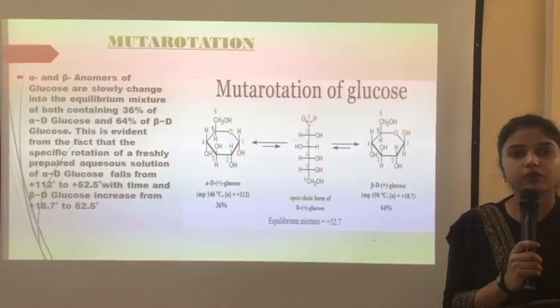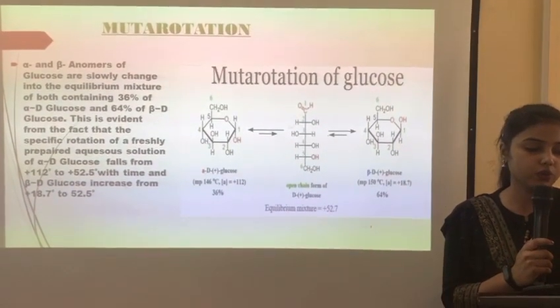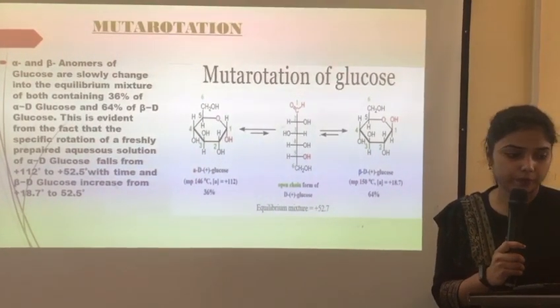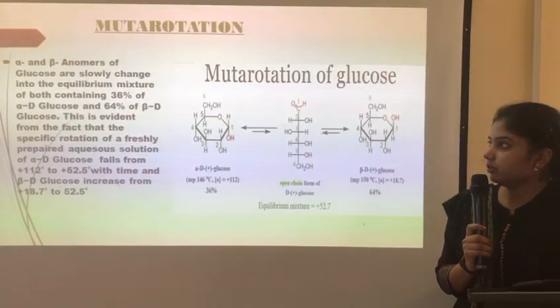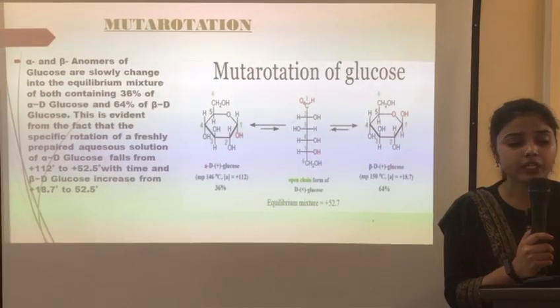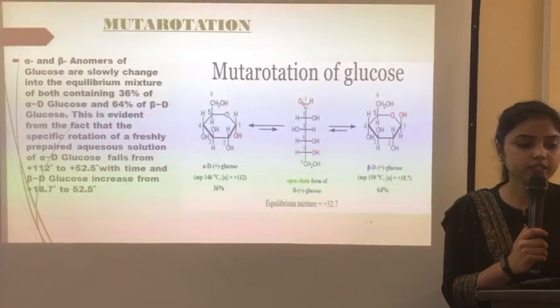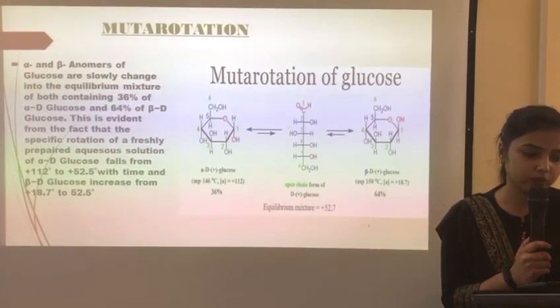Mutarotation. Alpha and beta anomers of glucose slowly change into an equilibrium mixture. The equilibrium mixture contains 36% of alpha-D-glucose and 64% of beta-D-glucose.